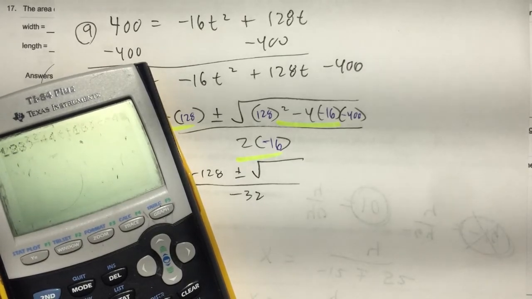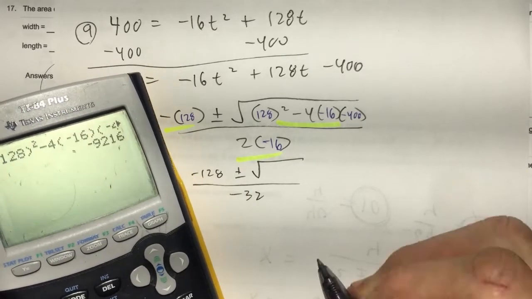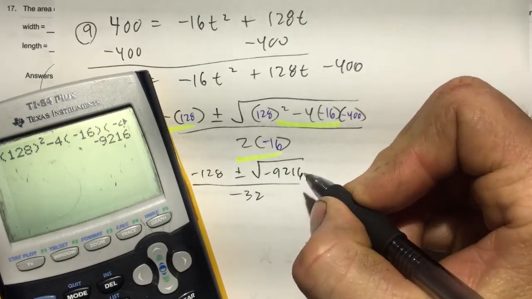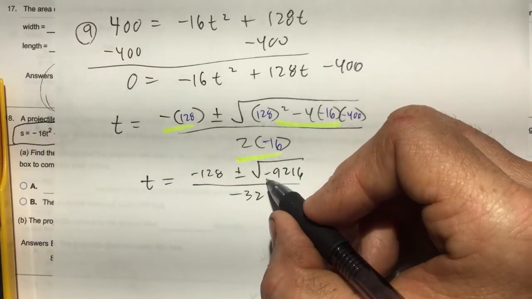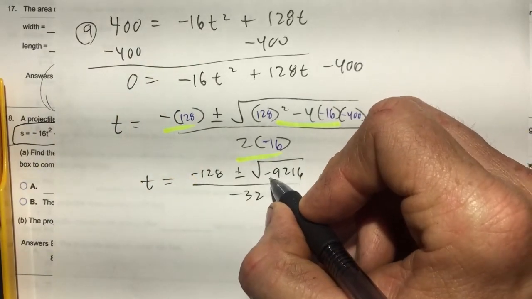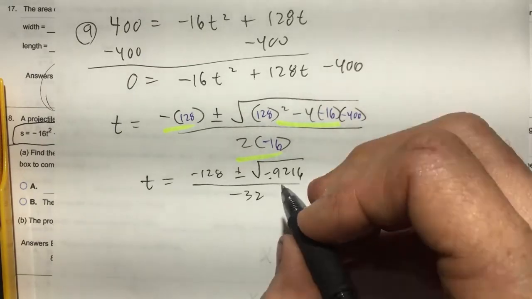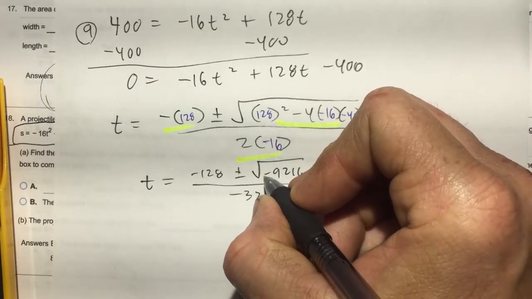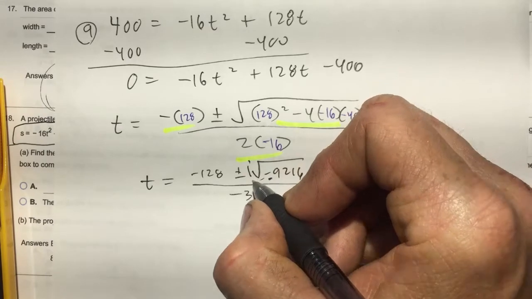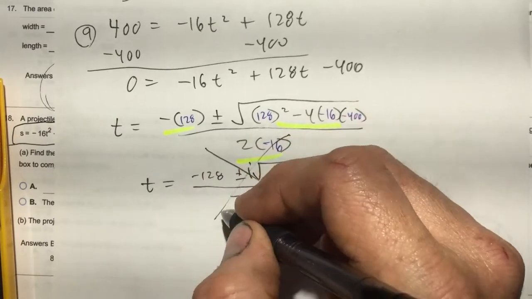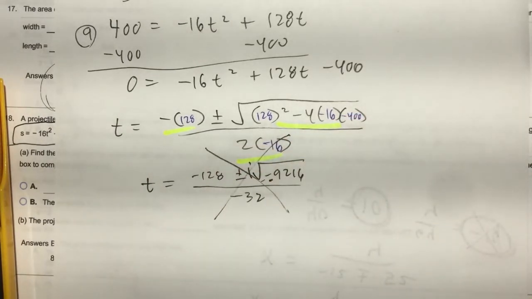And a -400, and I got -9216. Okay, and then right there, look at that, negative. This is an imaginary number here, which means there's no solution here. It's imaginary, which means it wasn't thrown high enough. It's not going to reach 400 feet.